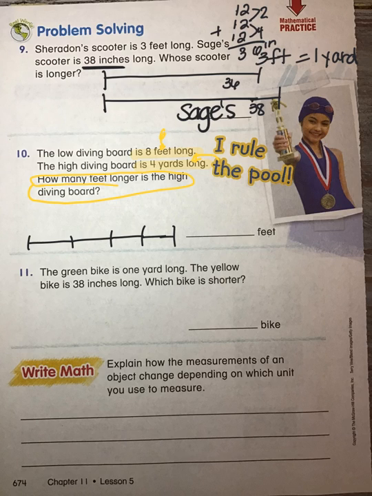There was 3, right? So I'm going to skip count by 3 until I get to the end here. Because remember, this was 1 yard, 2 yards, 3 yards, 4 yards. So 3, 6, 9, 12. So now I know that this diving board over here is 12 feet long.